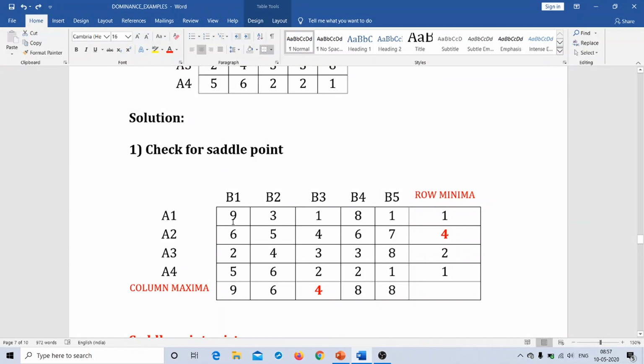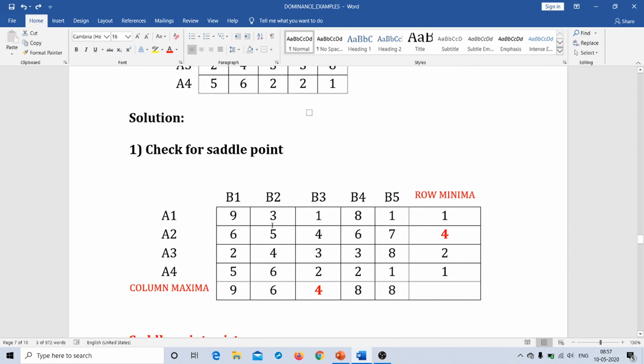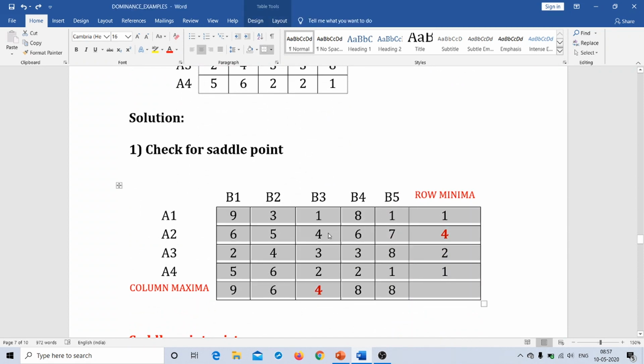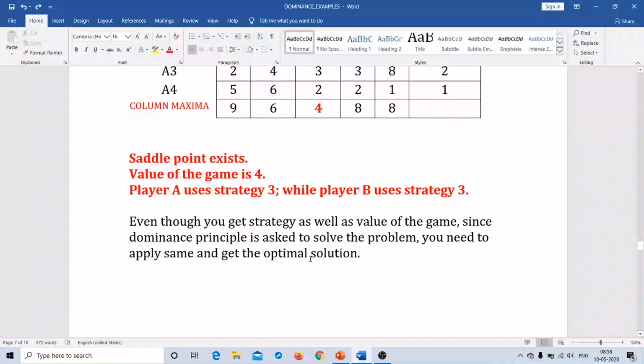But please do not do it like this, because you have been asked to solve the problem using principle of dominance. So once you are asked to solve it using principle of dominance, you are not supposed to go for the saddle point if it exists. Very rarely, but we cannot rule out the possibility. So that's what I said. Even though you get the strategy as well as the value of the game, since the dominance principle is asked, you need to apply the same and get the optimal solution.